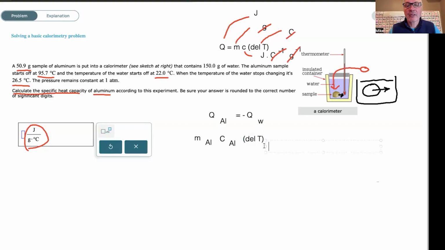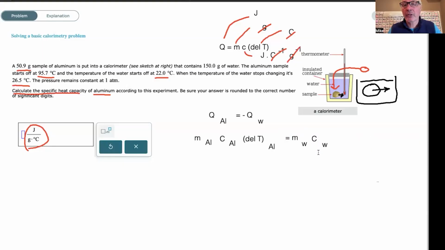And that's equal to, and by the way, you could put the negative sign on either side. It doesn't really matter. It's got to be there. And like I said, you can kind of get away with it not being there. But okay, so that's equal to m water, C water times the delta T of the water.